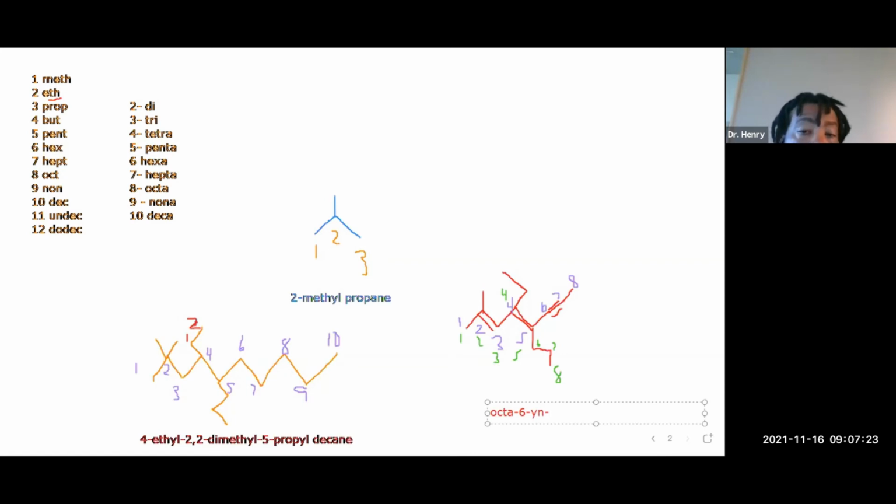We have 2 double bonds located on that main chain, on the 2nd and the 4th carbon.